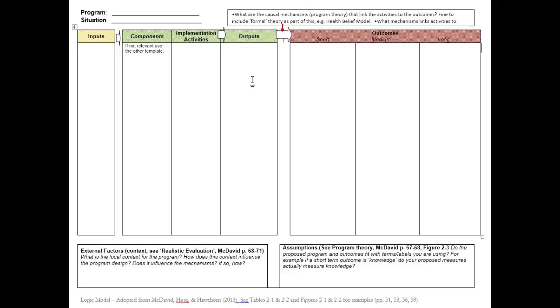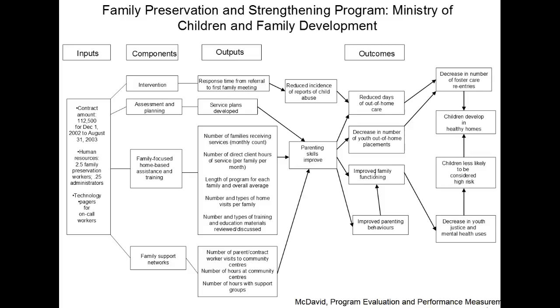And so outputs are intended to measure: this is what was occurring as part of what we planned, recognizing that you might plan a program, but as it's implemented and laid out, it may not line up 100% with what was planned.